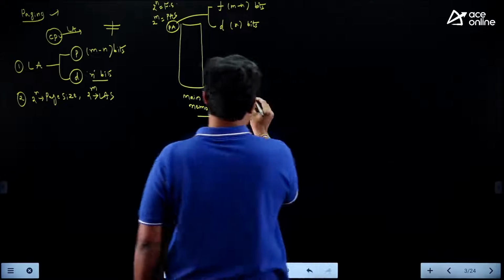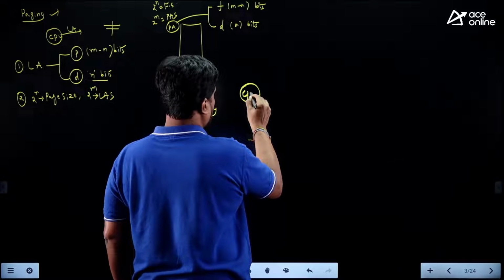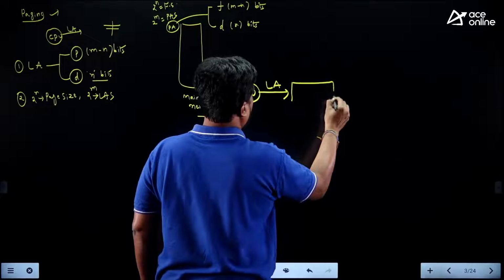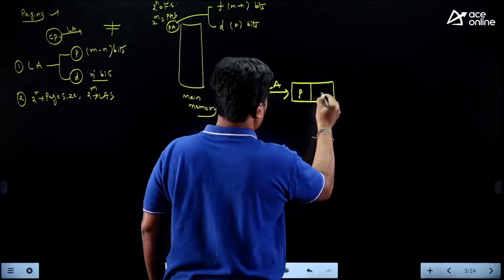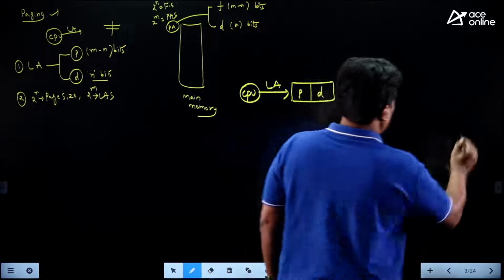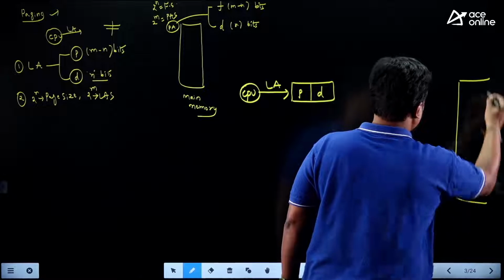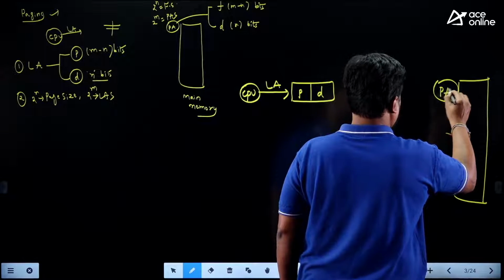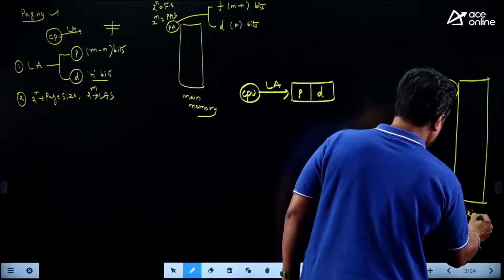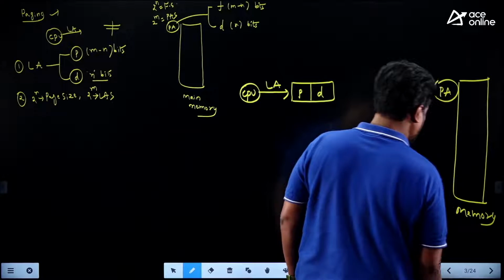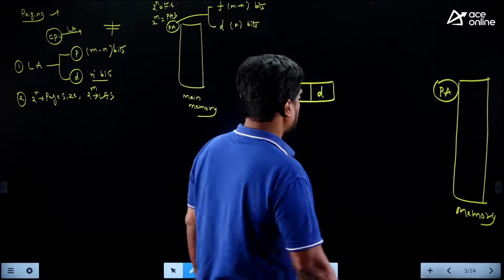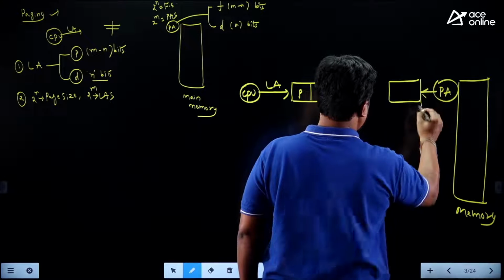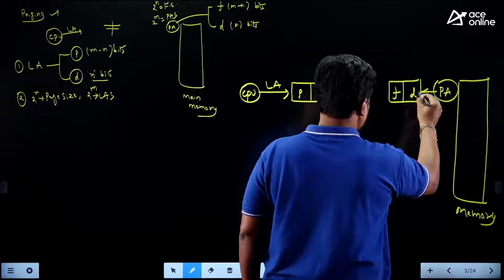Consider this is our CPU, and the CPU is generating the logical address, which is divided into two parts: page number and offset. And this is our physical memory, associated with the physical address. So this physical address is divided into two parts: frame number and offset.